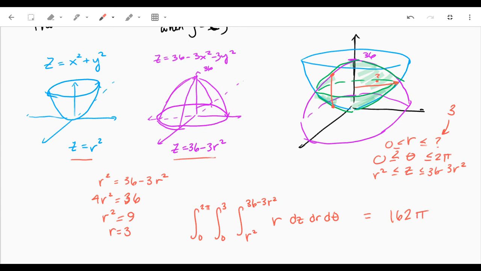Okay, and then the one additional thing on there is we want to find the centroid.